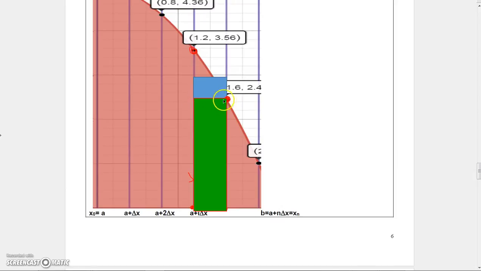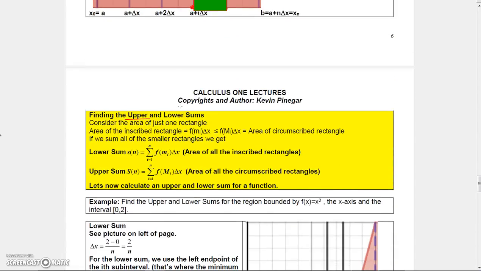We would use an inscribed rectangle, and the height would be f of little m. That would give me the height of the inscribed rectangle, so the area would be f of little m delta x.